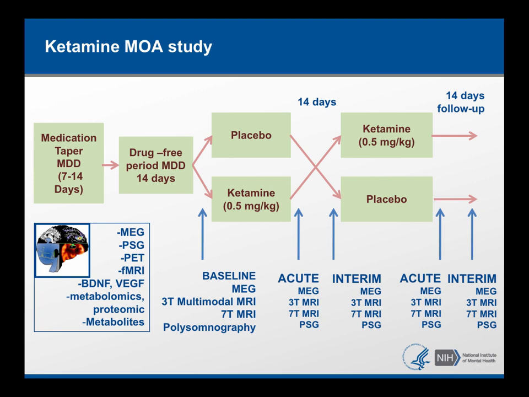In this study, we took healthy and depressed subjects, and after a drug-free period of at least 2 weeks, they had a crossover trial where they either got infusions of ketamine or placebo, then after 2 weeks crossed over to the other condition. And at 5 different time points, at baseline, after each infusion, and then 10 days after each infusion, they did a whole battery of neuroimaging metrics.